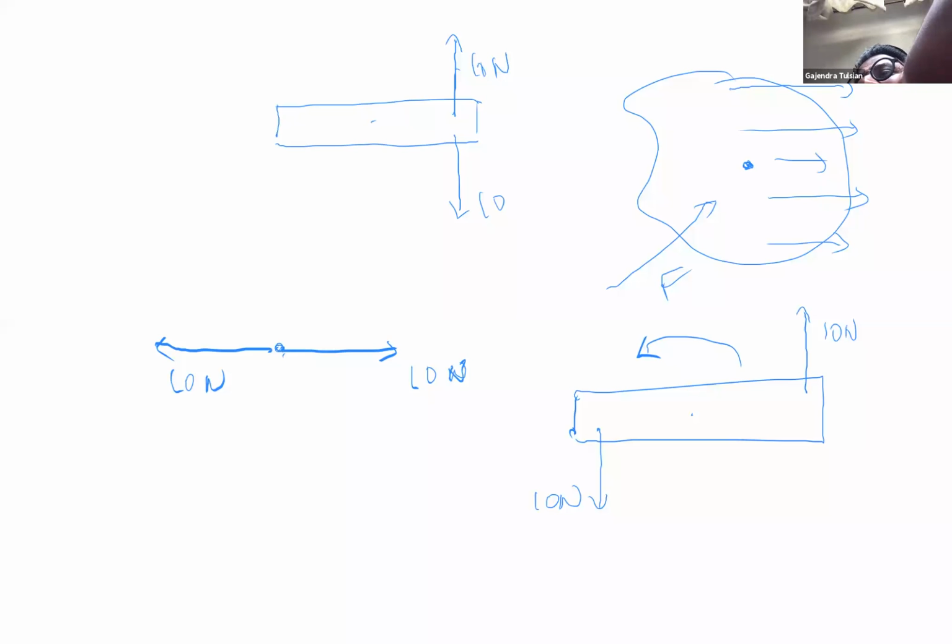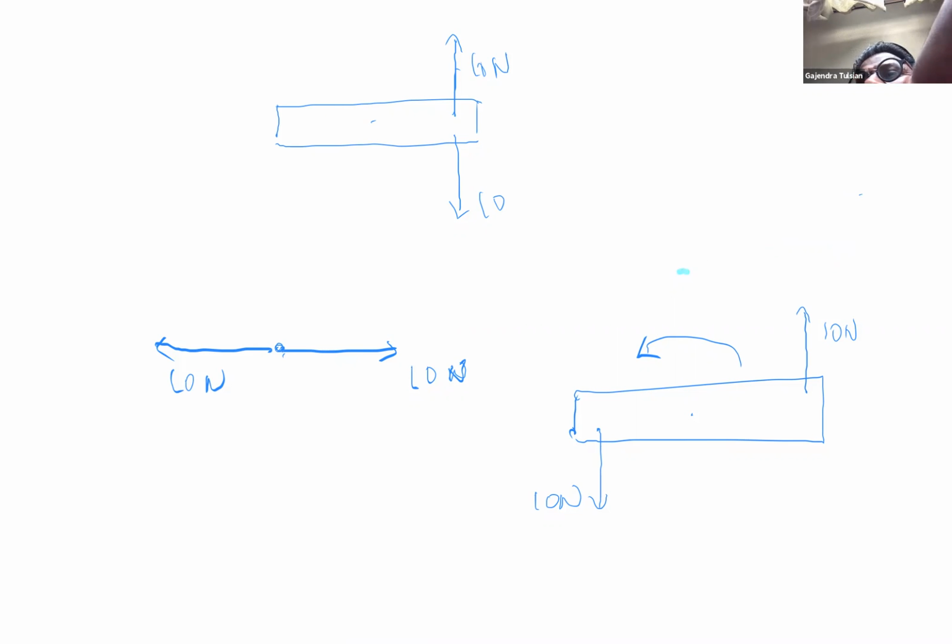Okay, so all this can be summarized by stating the following. For point objects, the only condition you need for equilibrium is that the sum of the forces be 0. And you can see here that for an extended object, the condition that the sum of the forces be 0 is not sufficient.